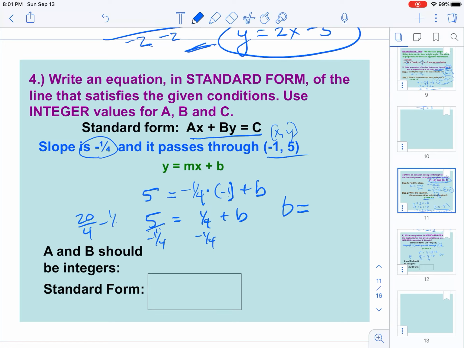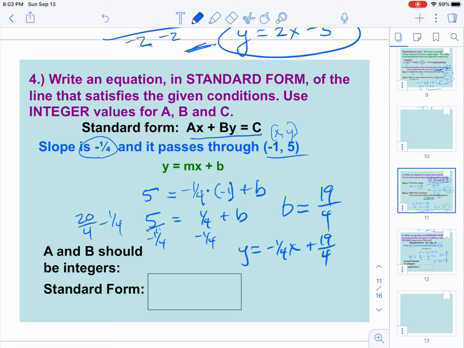If I take 20/4 minus 1/4, that is the same as 19/4. So y equals negative 1/4 x plus 19/4. That's the slope-intercept form. But if we actually want to find out what the standard form is, we have to do something to get rid of those fractions.